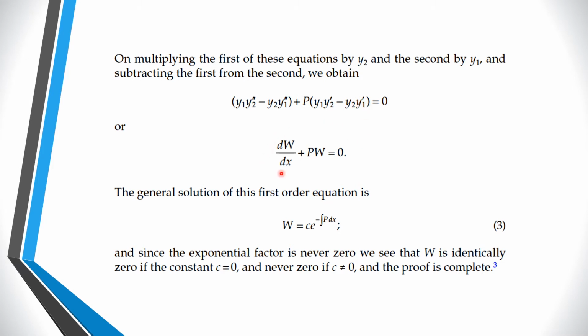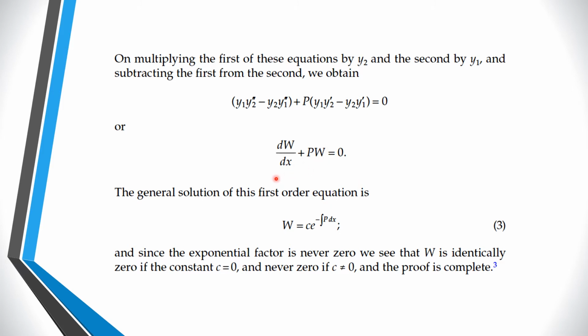So you will have a first order linear equation in terms of W and x. We know how to solve this equation. This is our linear first order differential equation, so we can find its solution. We know that the integrating factor will be e to the power integral of p dx, right?